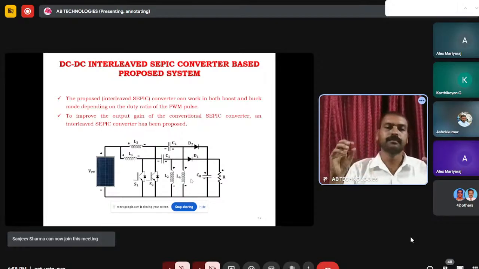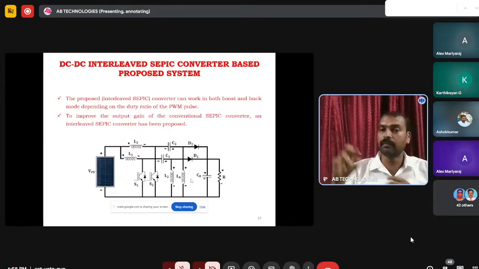For example, in a conventional SEPI converter, if you provide 100 volt and you have to take 600 volt output, you have to maintain almost 85% duty cycle because only one switch is there. For the same requirement, each switch should work only for 52%.